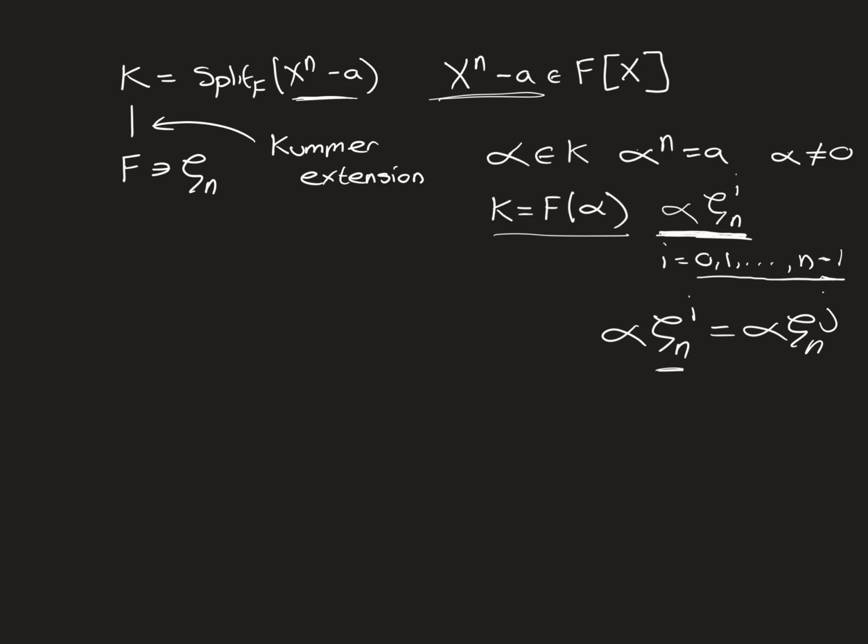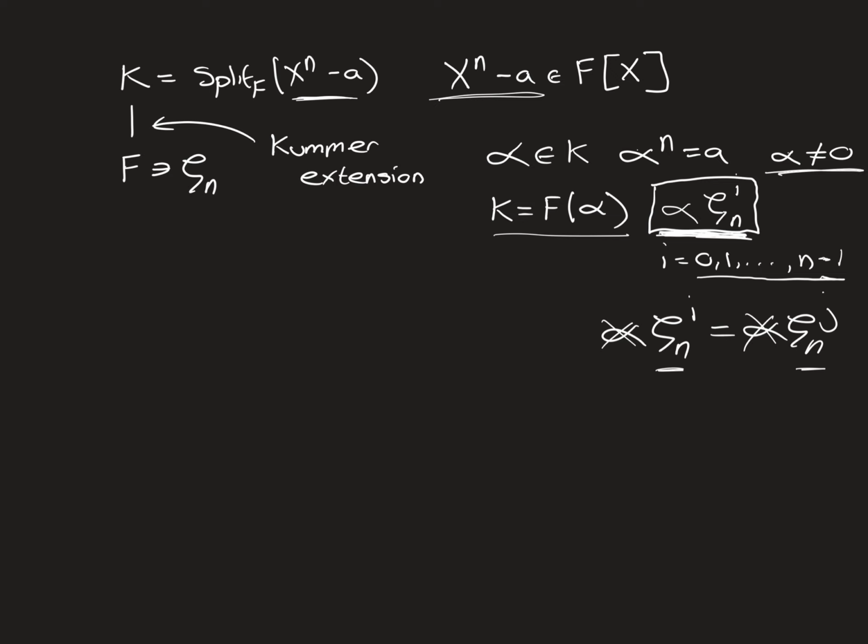The alpha would go, and you'd then have zeta n to the i equal to zeta n to the j, and then you'd be able to cancel whichever one is lower, and then you'd have some smaller power of zeta n giving 1. So that will contradict zeta n being a primitive nth root of unity. So it is important to acknowledge that alpha doesn't equal 0, and that's how we're concluding that all of these roots are distinct.